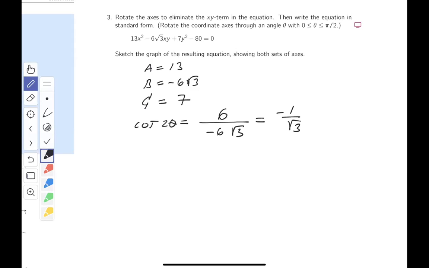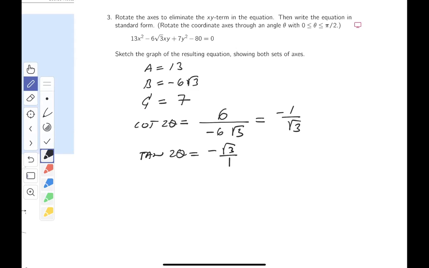I don't like cotangent, so I'm going to write this down instead. Tangent 2 theta is going to be minus root 3 over 1. Well, I had somewhat of a problem here. The problem is I've got to figure out the angle that does that.